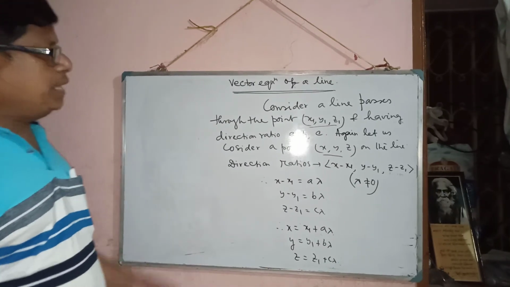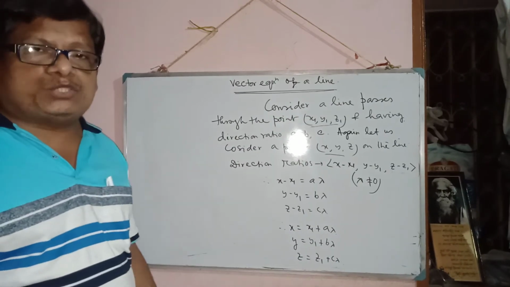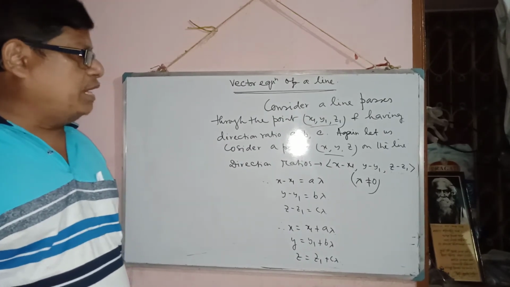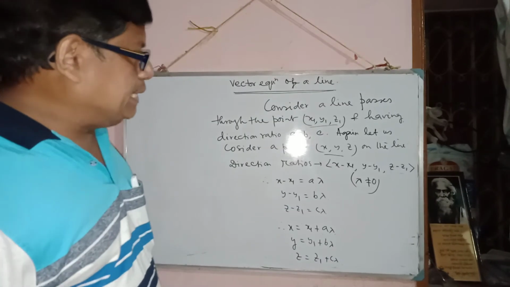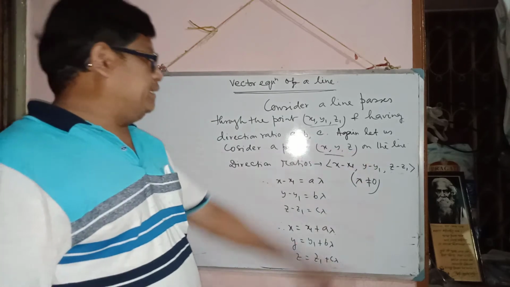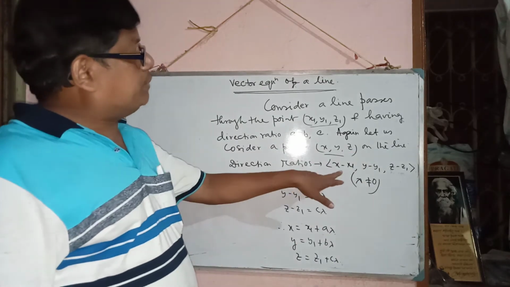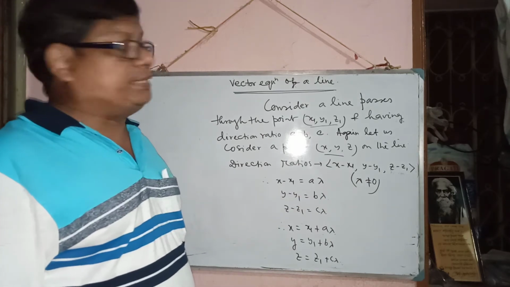First, consider a line which passes through the point x1, y1, z1 and has direction ratios A, B, C. Again consider a point x, y, z on the line. The direction ratios are x minus x1, y minus y1 and z minus z1.